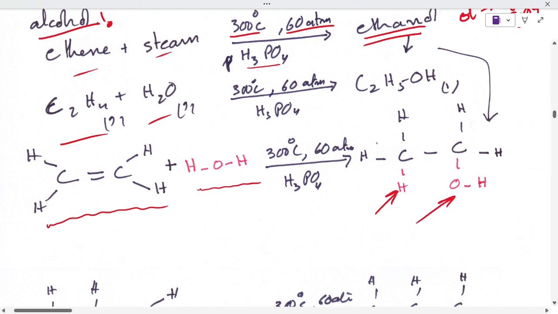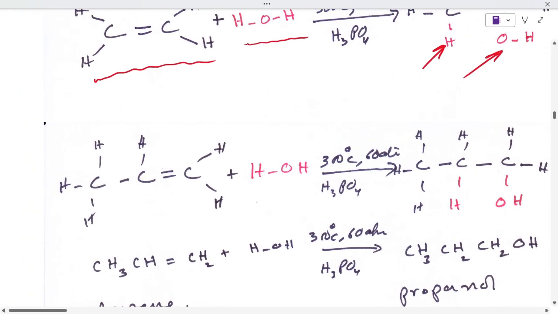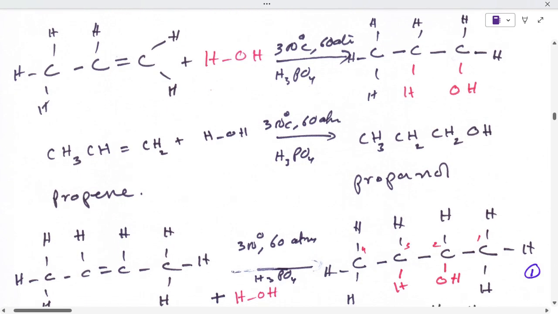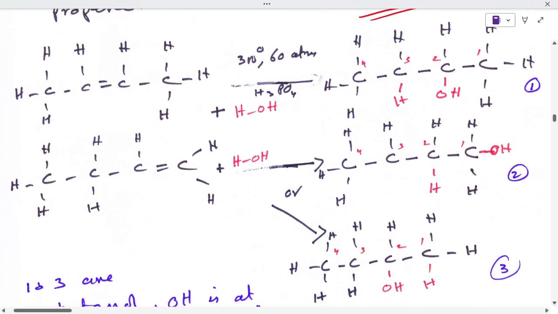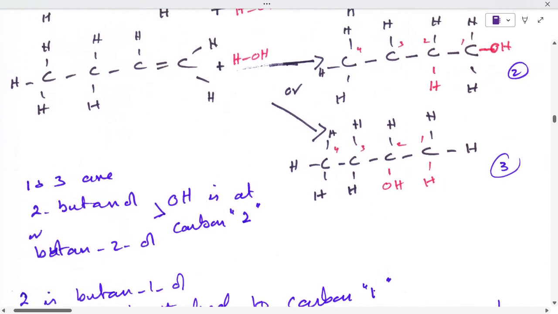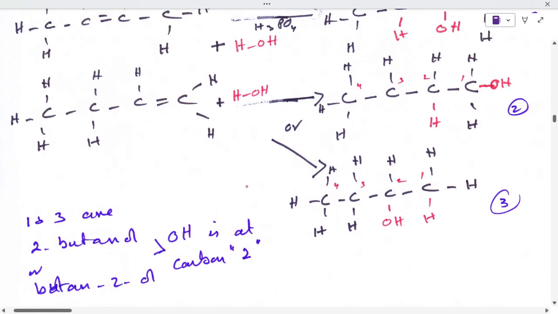Same reactions I have done with propene, and it forms propanol. Then with butene it forms butanol, and again butene has two different places of double bonds.